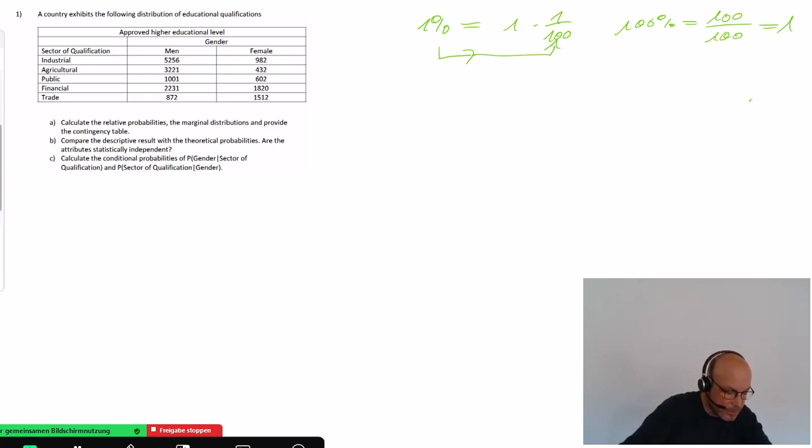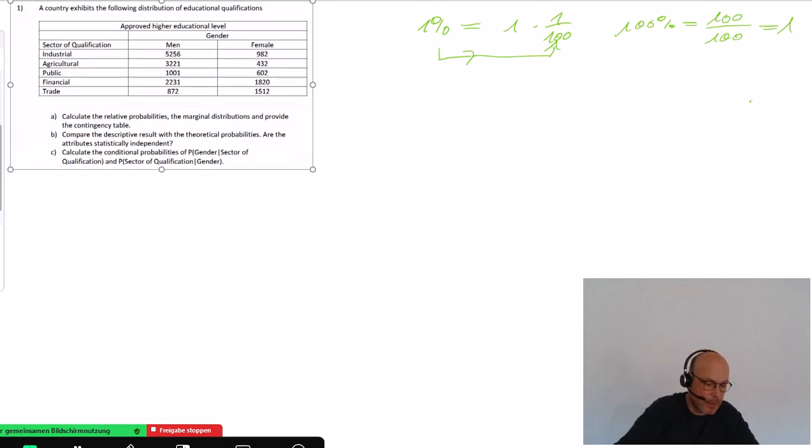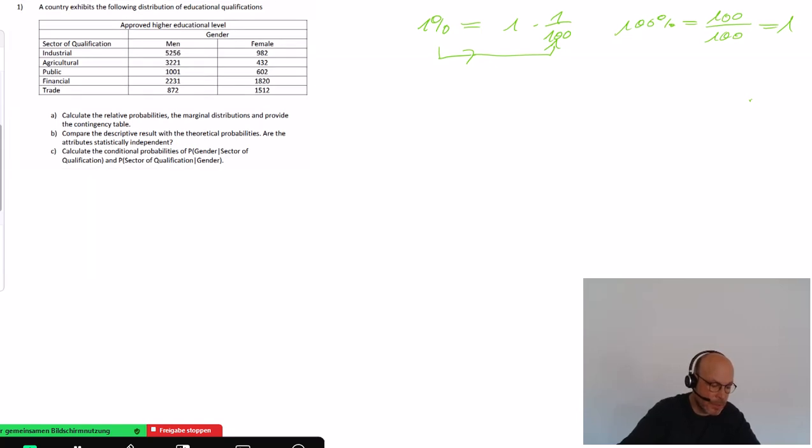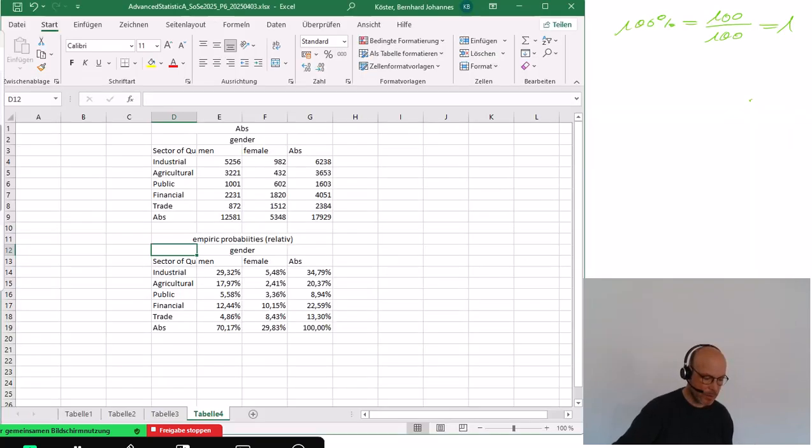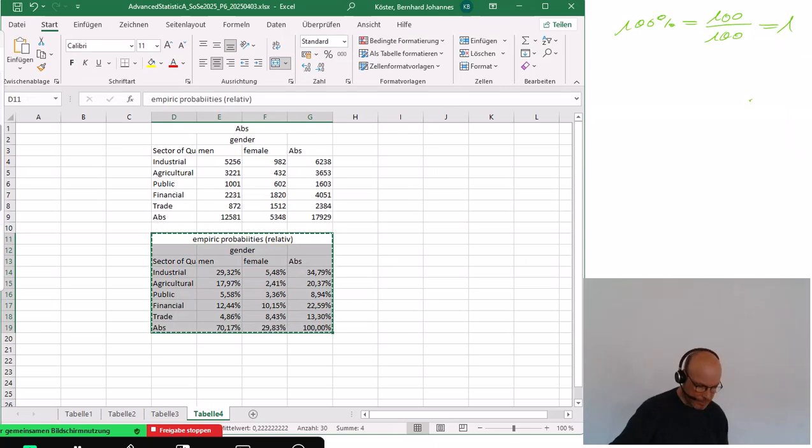Compare the descriptive results with the theoretical probabilities. So if we assume that both male, female and sector qualifications would be independent. Do you remember how we obtain these so-called theoretical independent probabilities?